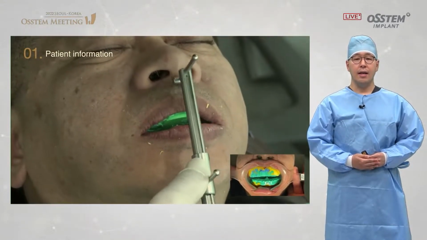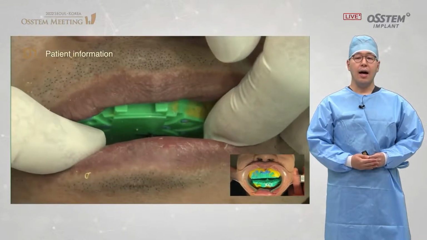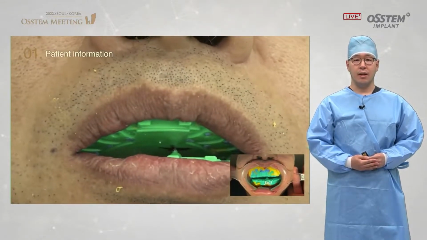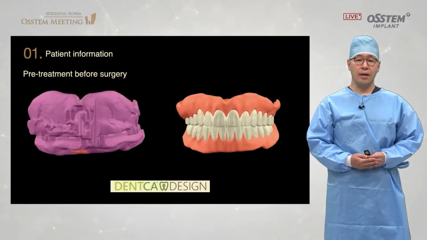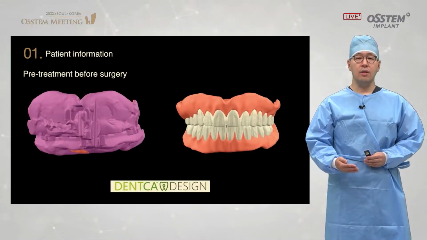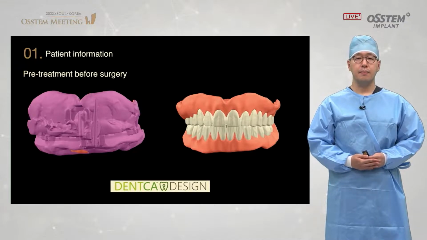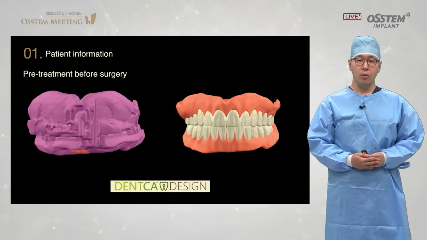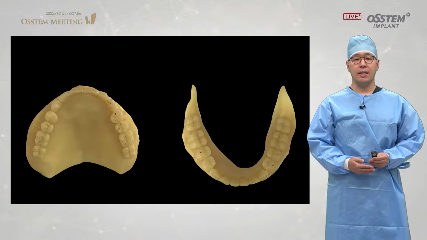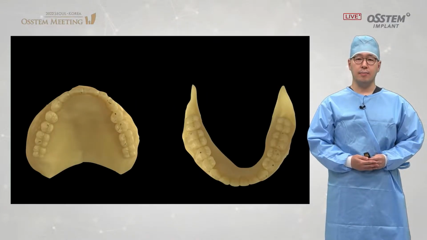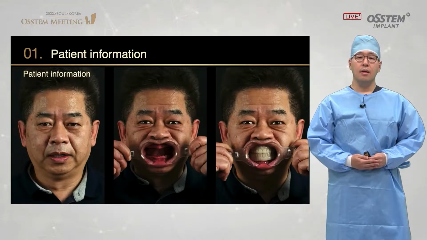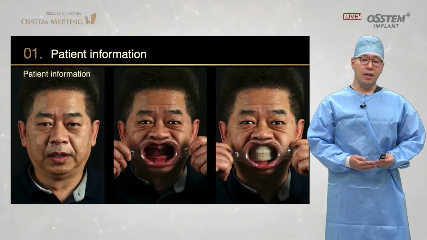Using Gothic arch concept, the patient's VD and mandibular position can be set. The data is digitalized, so digital denture is designed. After the design, the surgeon approves it, and the try-in denture is used to check occlusion and adaptation.